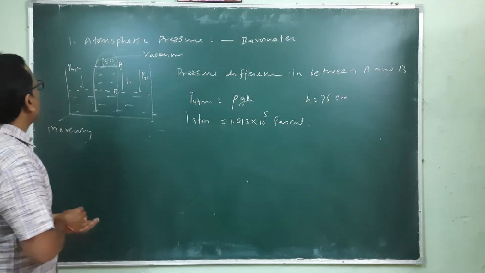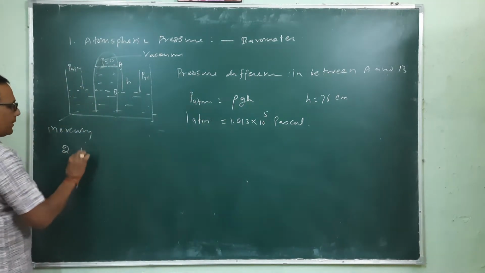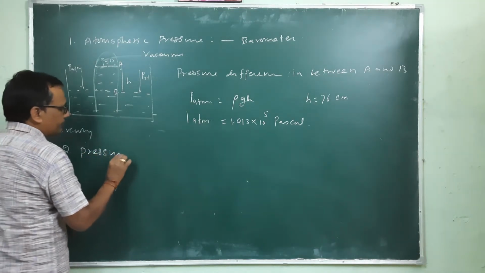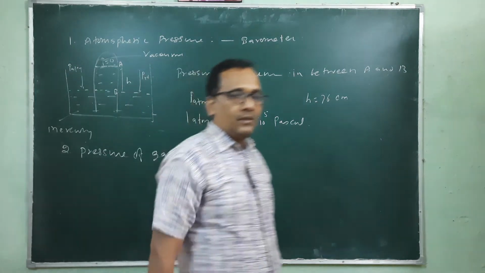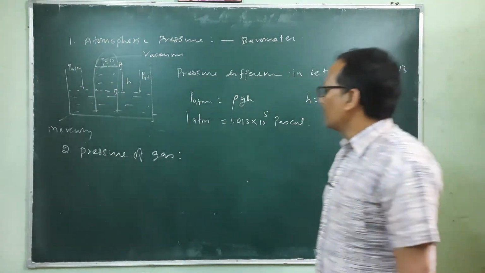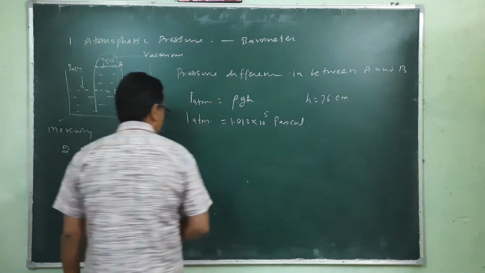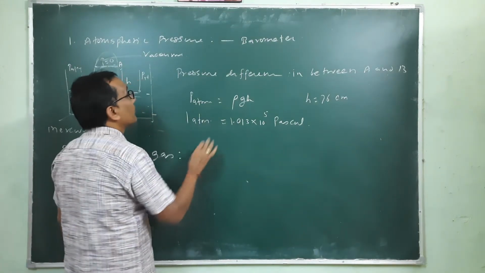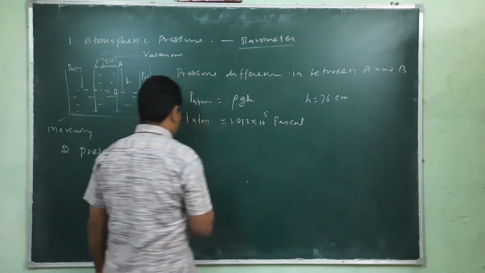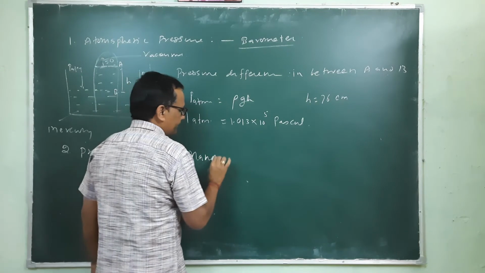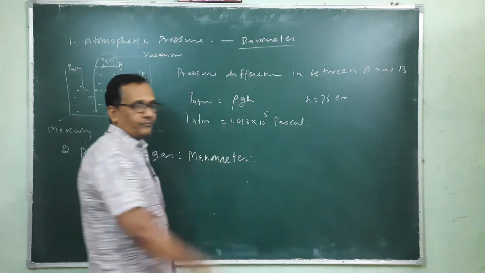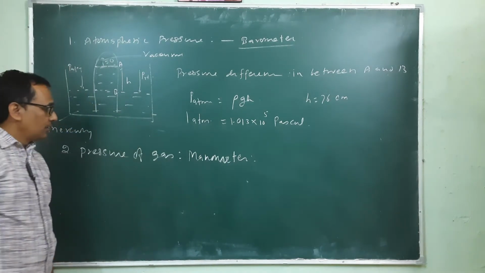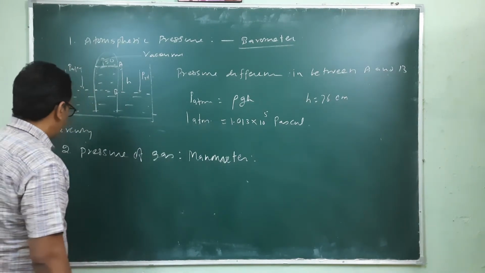Now, second, if you want to calculate the pressure of a gas, in order to measure this pressure of gas, we use one instrument similar to the barometer, known as a manometer.